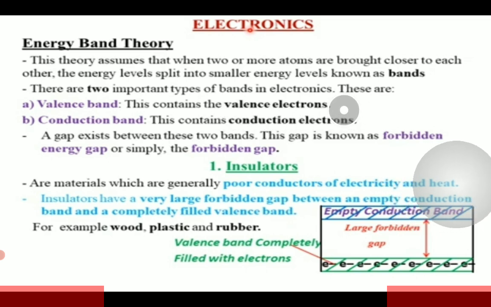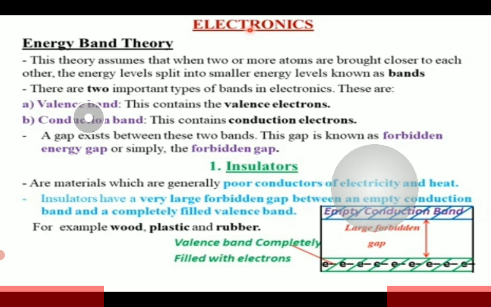Valence electrons are the electrons that are found in the outermost shell of an atom. So where the valence electrons are found is called valence band. So this is just the location of outermost electrons, if I'm to break this down so that you relate to your chemistry knowledge.